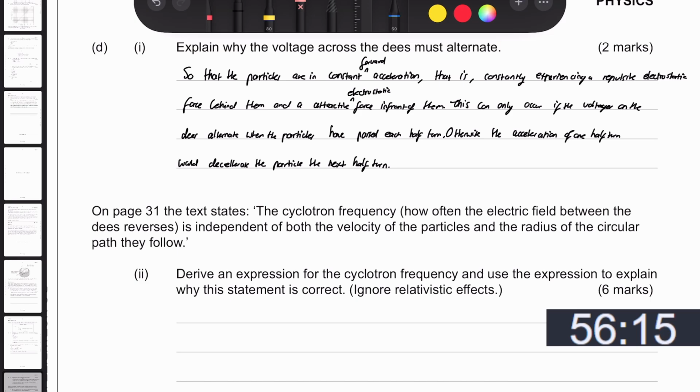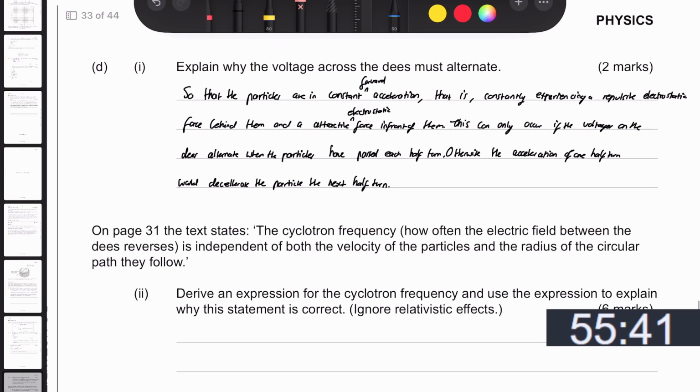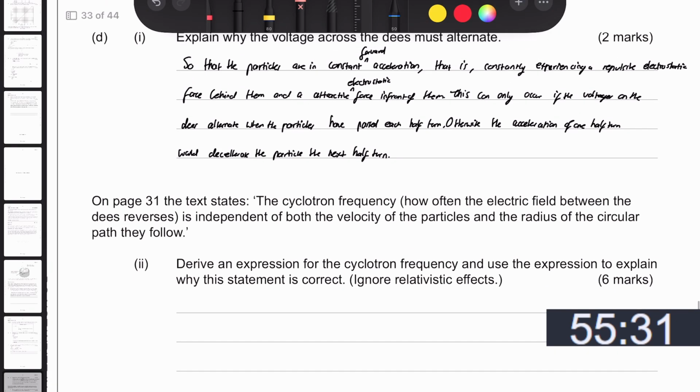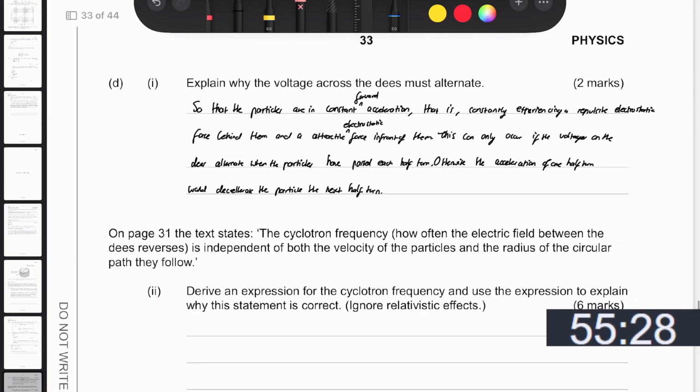Frequency is how often the electric field between the Ds reverses.